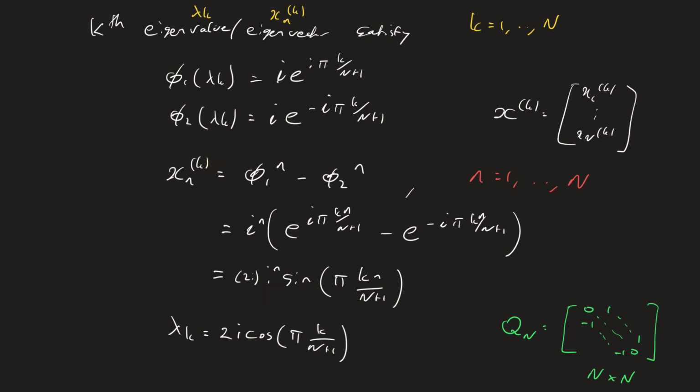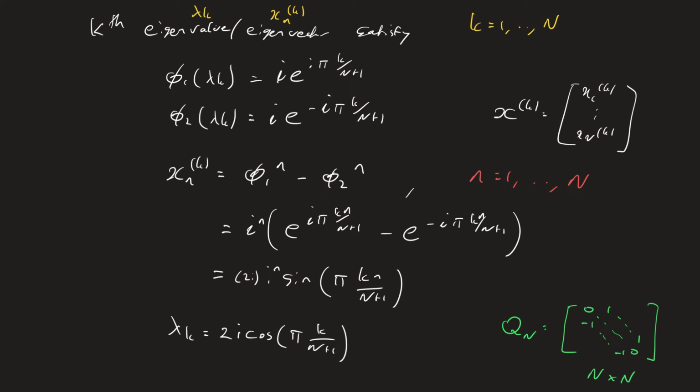Here, this denotes the nth element of the kth eigenvector associated with the kth eigenvalue, and it's given explicitly by this expression here. This expression can also be written using the sine function. To make this equal to this, we need a 2i out the front.